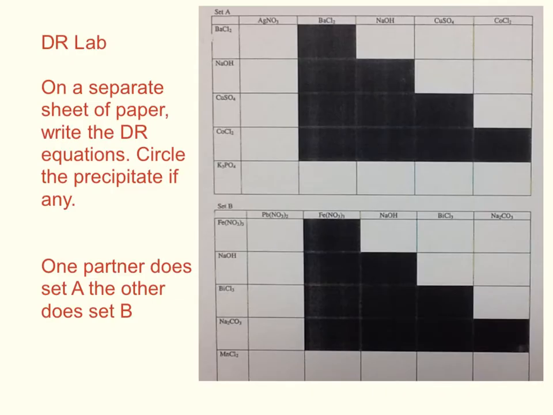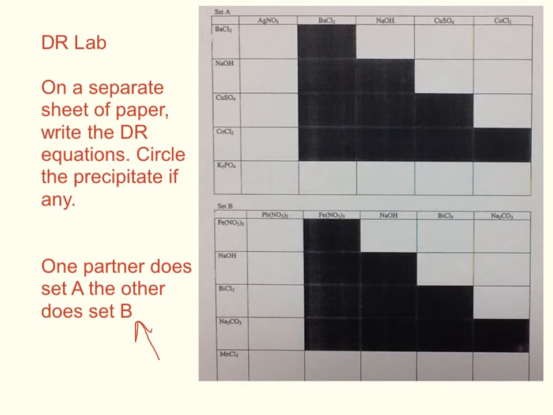When you are finished with the practice worksheet, you are going to work on your pre-lab. This is in your lab manual, so locate this paper in your lab manual. And you are going to work with a partner. One partner does part A and the other partner does part B. You are going to write the double replacement reactions for your chart.